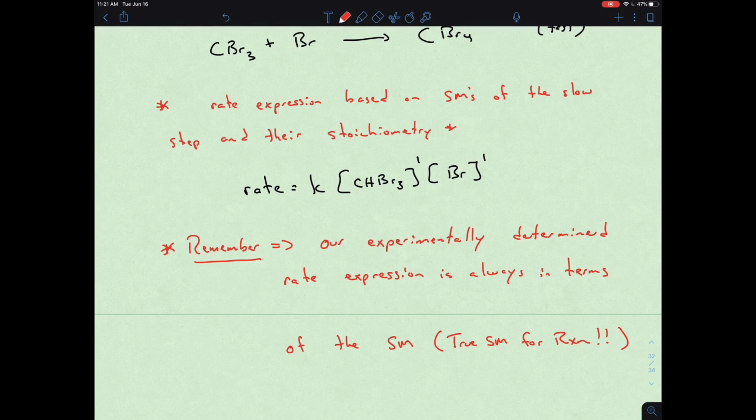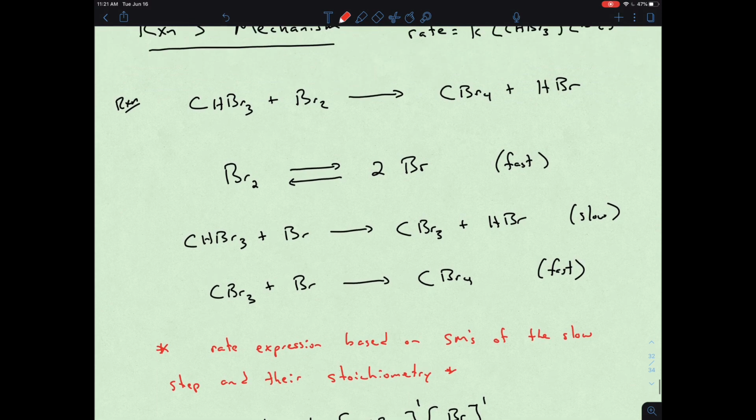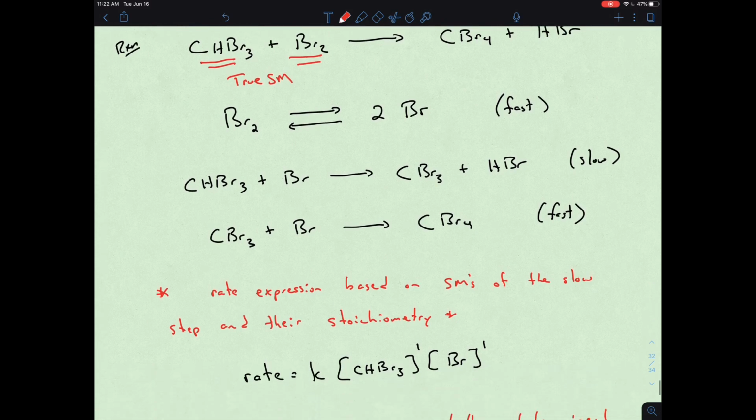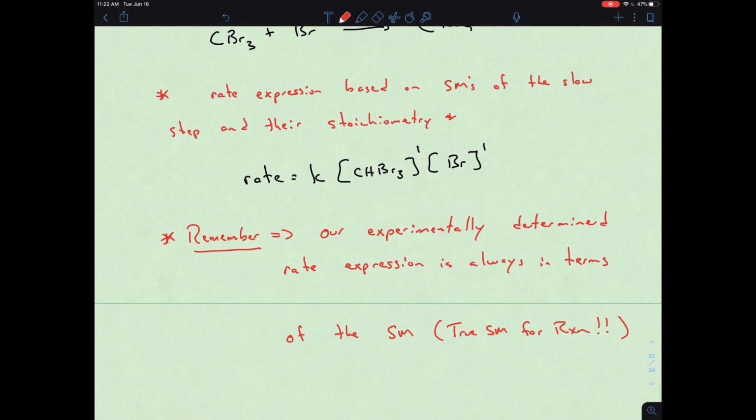Right, the true starting materials for the reaction. If we go back to our reaction at the top, these are the true starting materials, the CHBr3 and the Br2. So we have to make sure that we're in terms of the true starting materials.